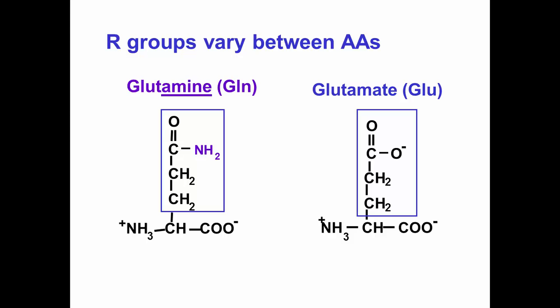Incidentally, the other cousin pair, aspartate and asparagine, over here, have one less carbon in the chain. But the main thing I like to point out, we're going to talk about the metabolism around glutamate and glutamine.